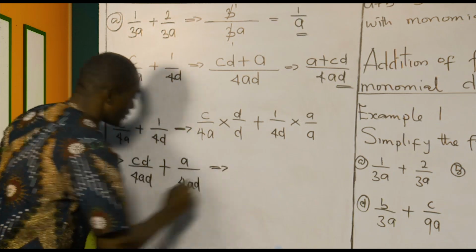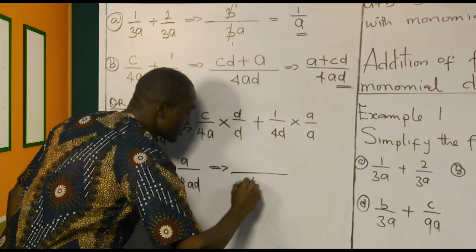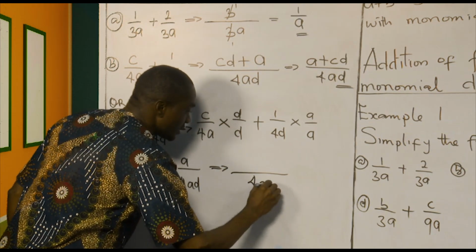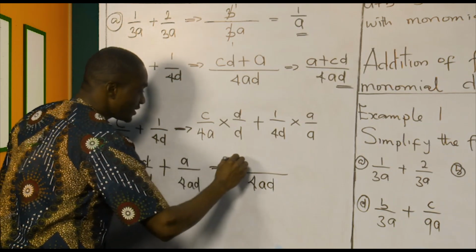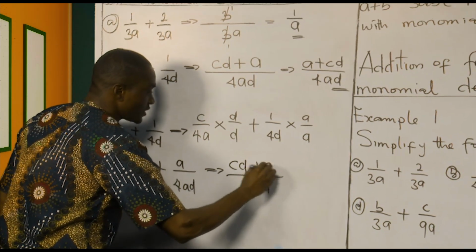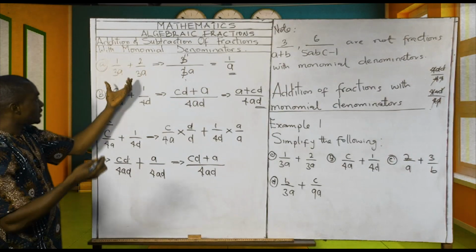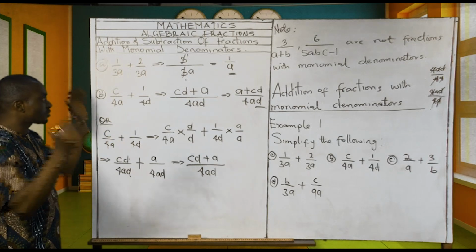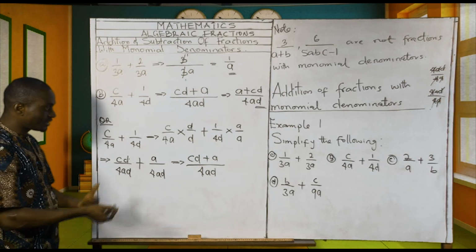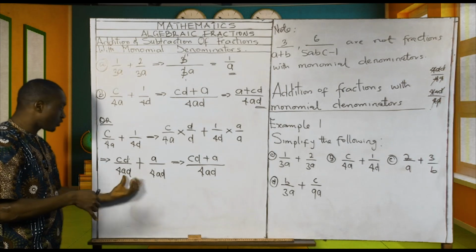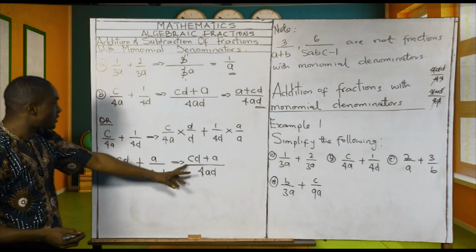And this will give us, because we have common denominators now, I'll just write out the common denominator, which is 4AD, and add the numerators, CD plus A. I've told you that if you want to add fractions with common denominators, you just find the sum of their numerators and express it over the common denominator.